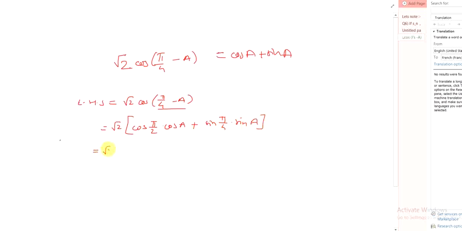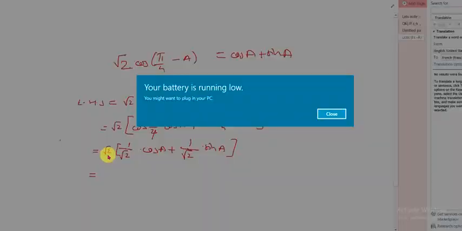So root 2 again as it is, but here pi by 4 is there, cos pi by 4 is 1 by root 2 into cos A plus sin pi by 4, again the same value 1 by root 2, into sin A. Now multiply the terms inside the bracket by this root 2.